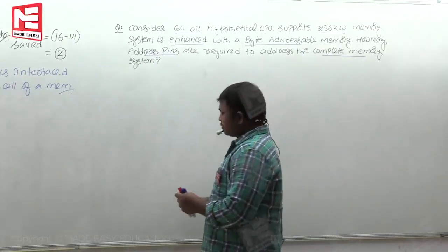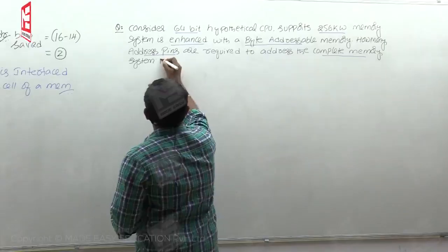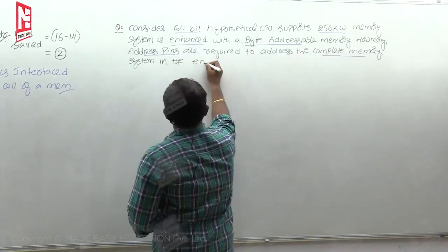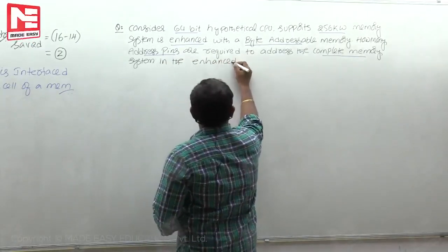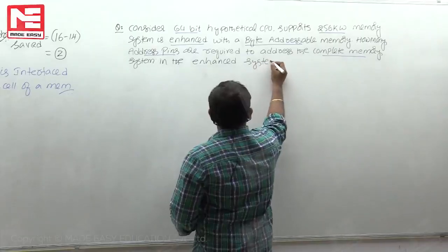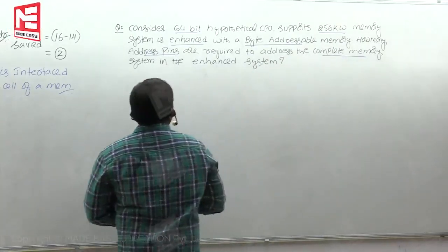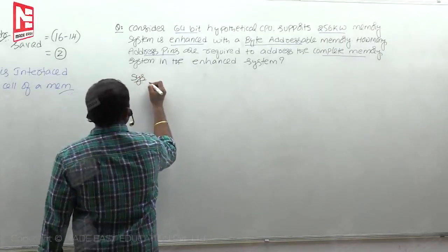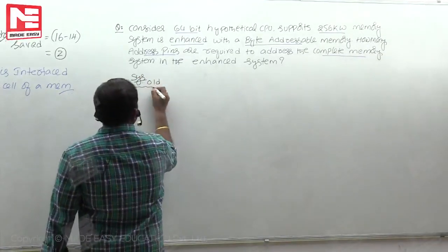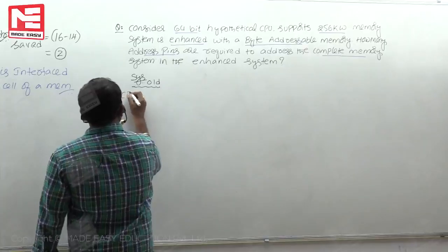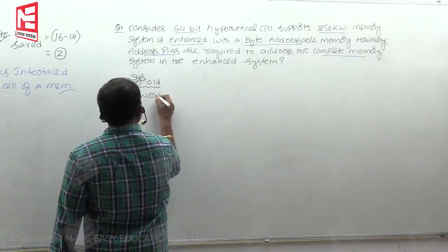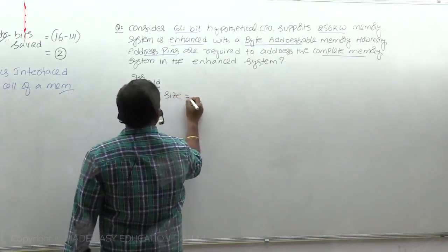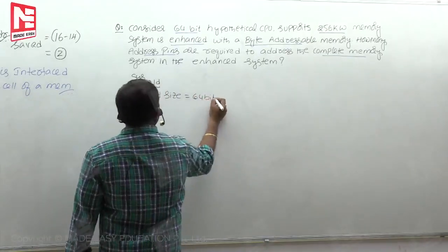Correct now? In the enhanced system. This is the question. Now, first we need to see the old system characteristic. System old. CPU word length equals 64-bit.